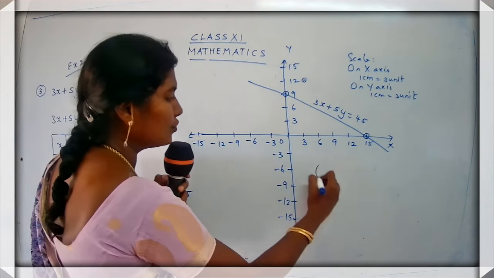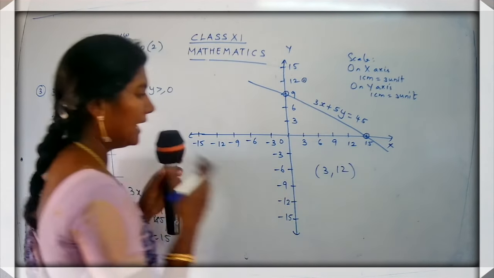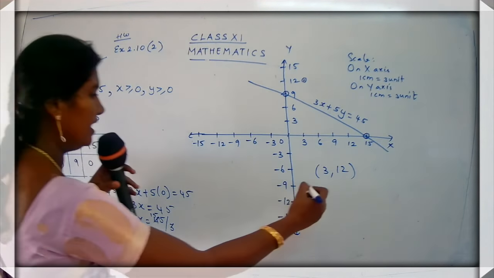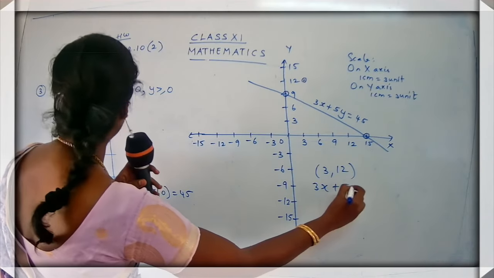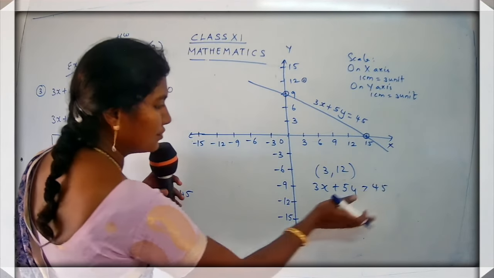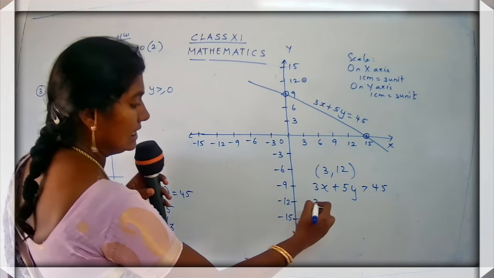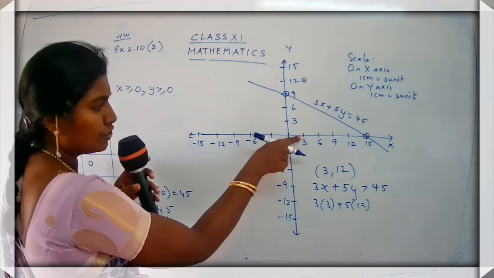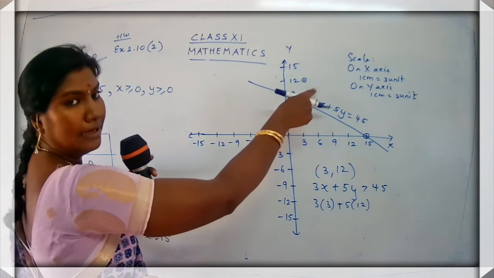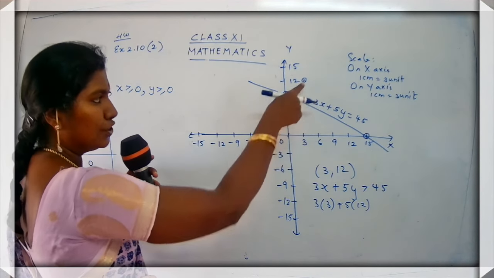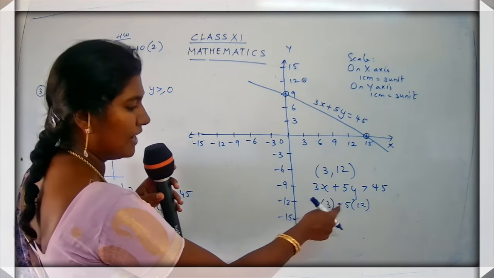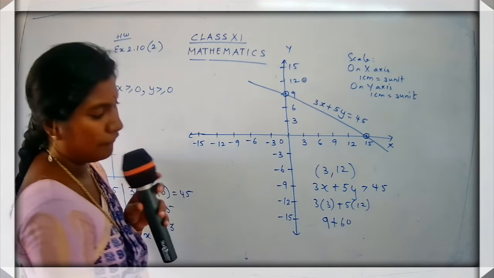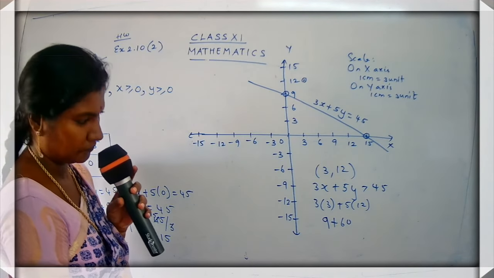So I am going to choose 3, 12, and substitute it in the given inequality. Just see here, it's 3x plus 5y greater than 45. So I should get this condition. 3 3s are plus 5 into 12. I am just choosing the coordinate above the graph. So 3 3s are plus 5 12s are, 9 plus 60. 5 12s are 60. Yes.